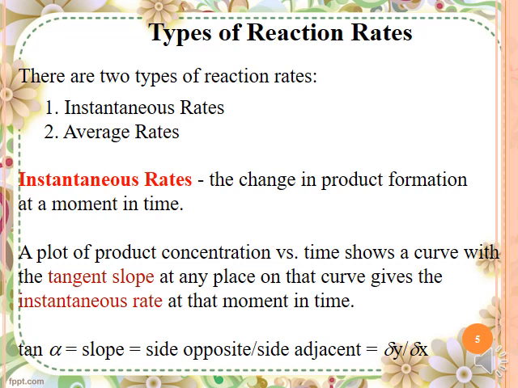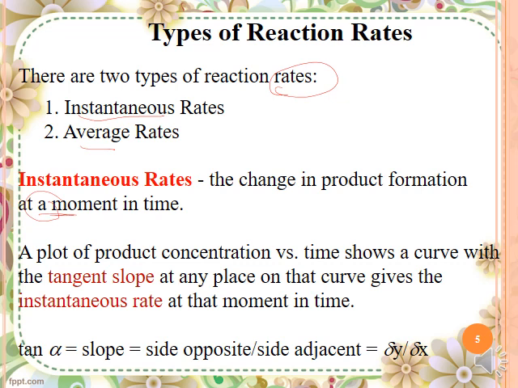Next, we look at the two types of reaction rate. Just now, two types of reaction. Now, two types of reaction rates. The first one is instantaneous rate. Second one is average rate. So what does it mean by instantaneous rate? This means it's the change in the product formation at a moment in time.